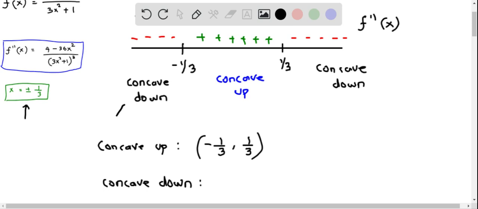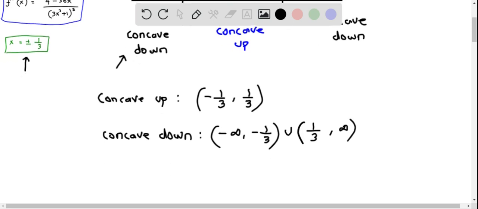The first one is negative infinity to negative 1 by 3, union 1 by 3 to positive infinity. And thus we have determined the concave up and concave down intervals.